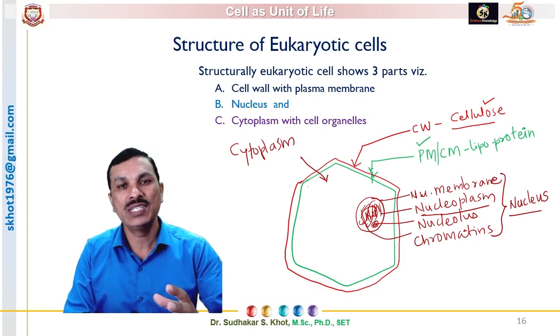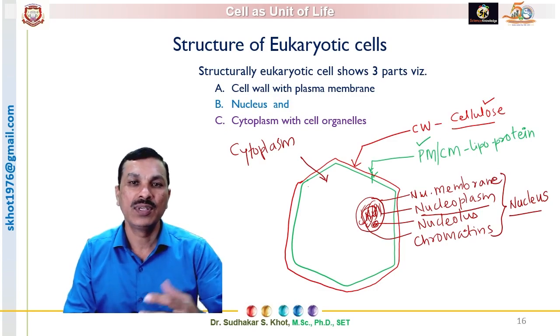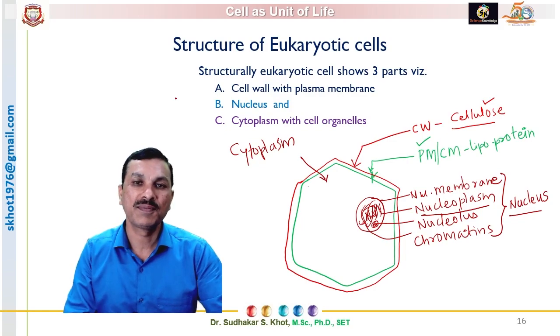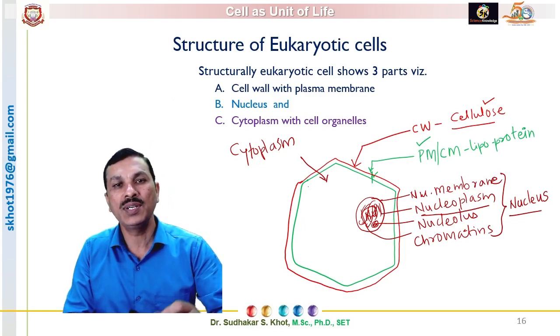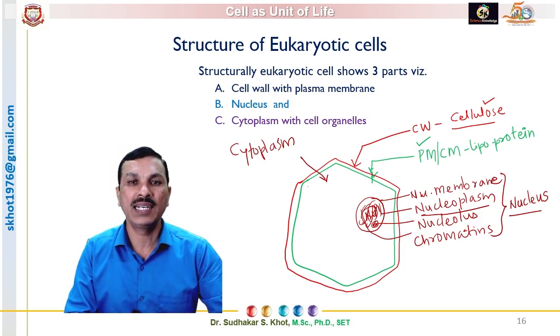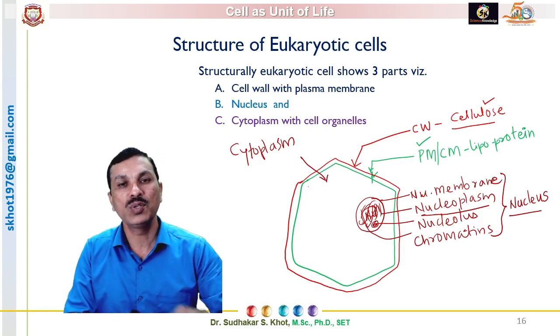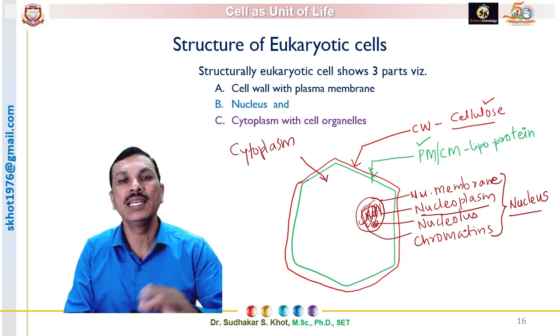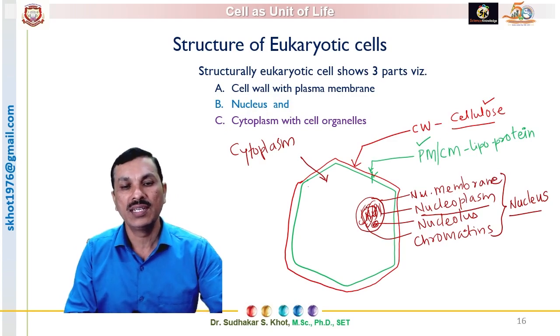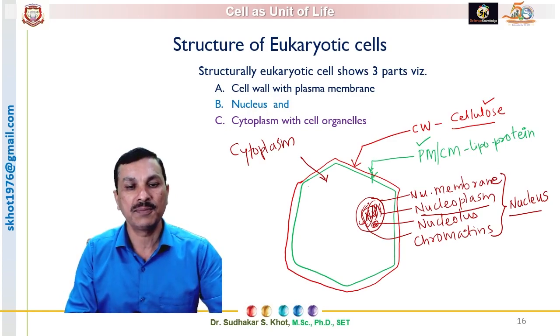The cell inclusions include reserve food material like starch granules, oil droplets or protein molecules. They also include secretory products, excretory products, and the residues remaining after digestion of certain molecules. So these are called cell inclusions. Now for simplicity, we will not include the cell inclusions in our diagram.